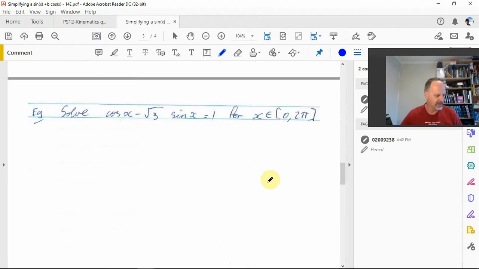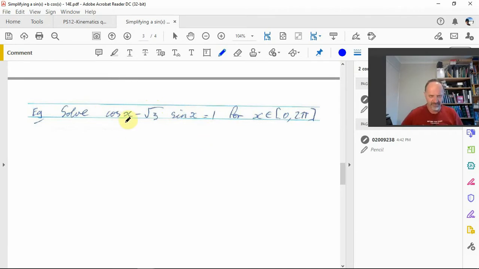Okay, so interesting. cos x minus root 3 sin x is equal to 1. So now we've got an equation that we've got to solve. Now, this is a bit complicated in terms of there's nothing else that we've done in the past where we can combine all of those things together, except for what we've just done.